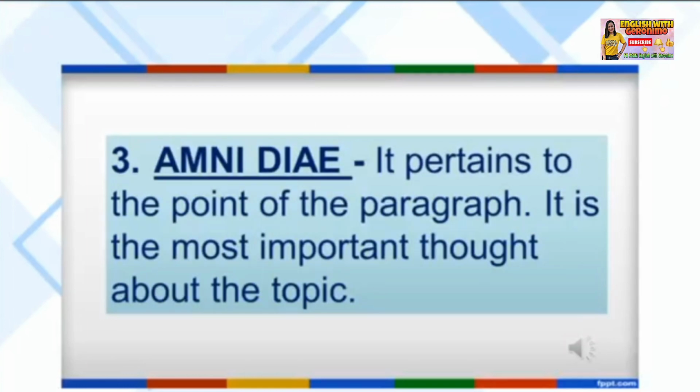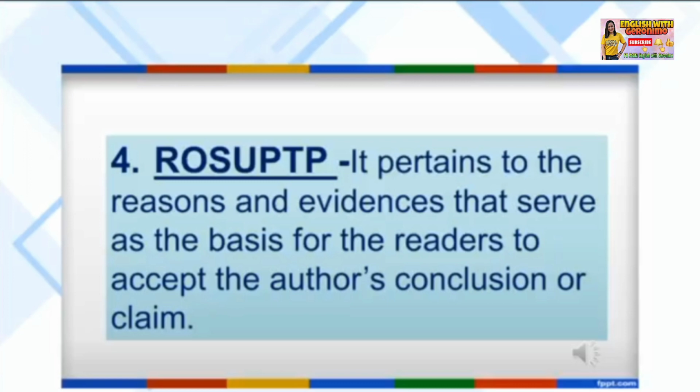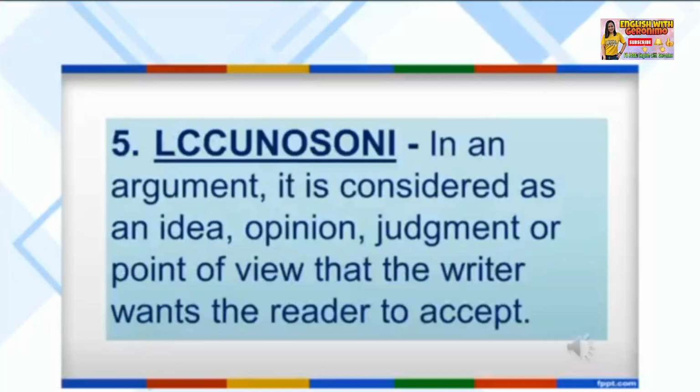It is the most important thought about the topic. Number 4. This term pertains to the reasons and evidences that serve as the basis for the readers to accept the author's conclusion or claim. And number 5. In an argument, it is considered as an idea, opinion, judgment, or point of view that the writer wants the reader to accept.